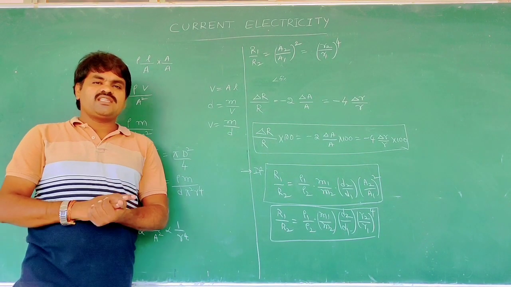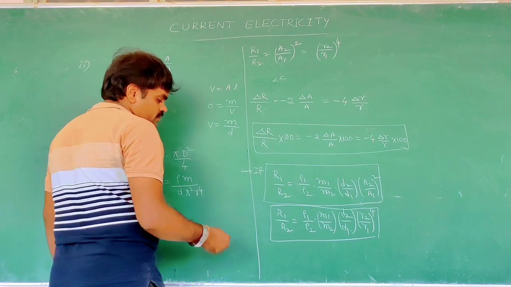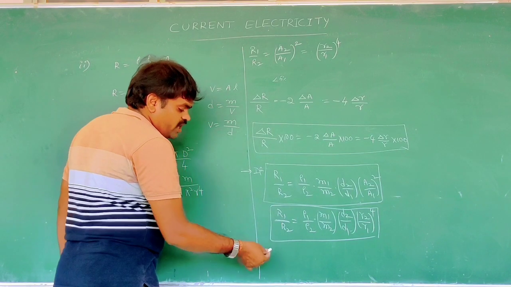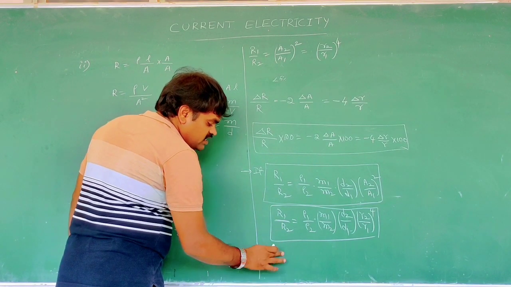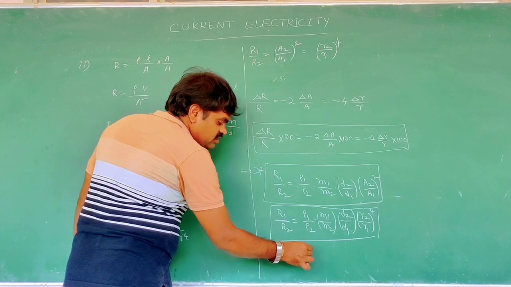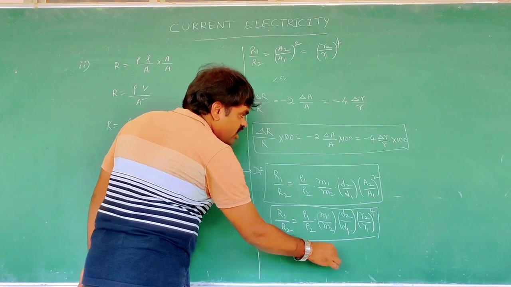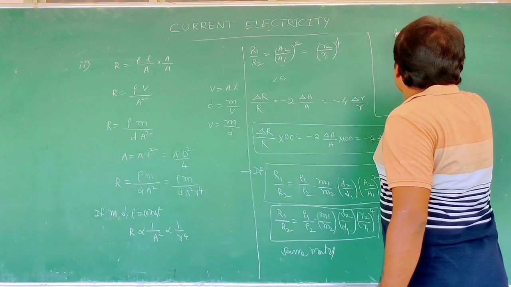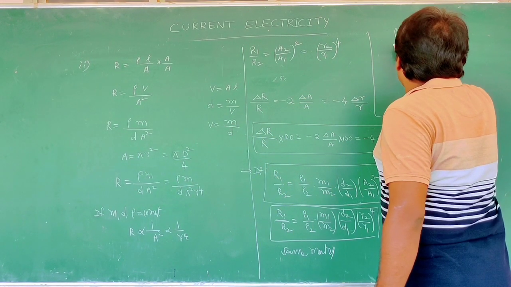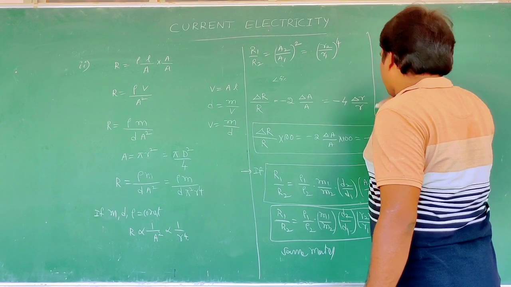But if the conductors are made of the same material, same material means their resistivity and their densities must be the same.